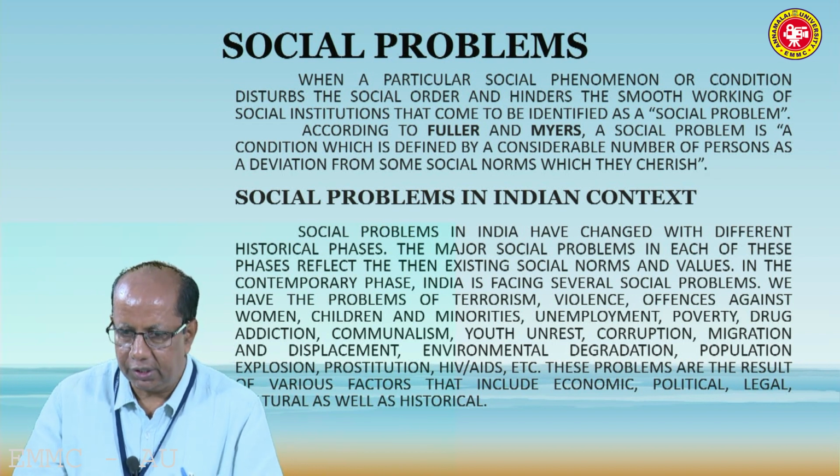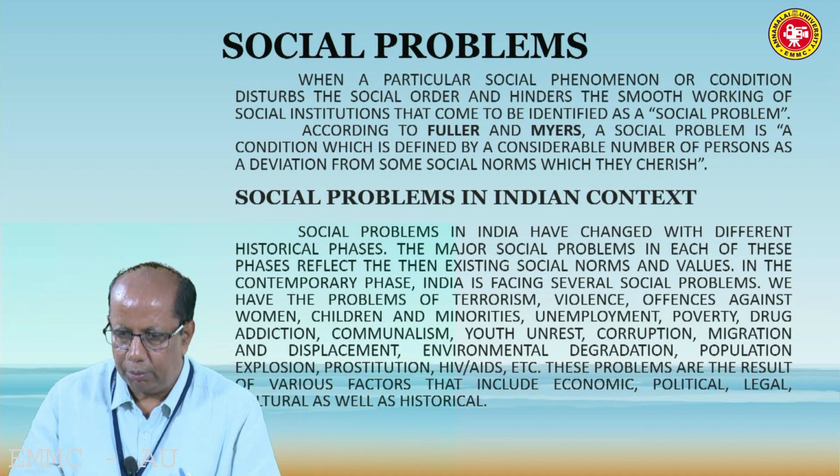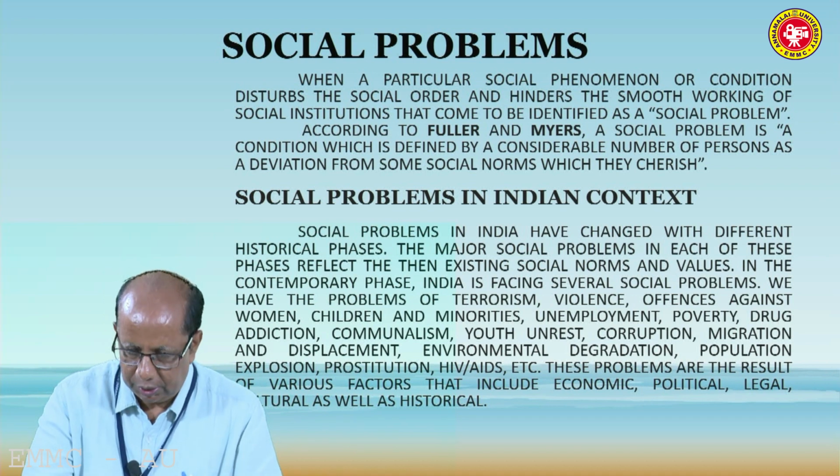We have the problems of terrorism, violence, offences against women, children and minorities, unemployment, poverty, drug addiction, communalism, youth unrest, corruption, migration and displacement, environmental degradation, population explosion, prostitution, HIV/AIDS, etc. These problems are the result of various factors that include economic, political, legal, cultural as well as historical.